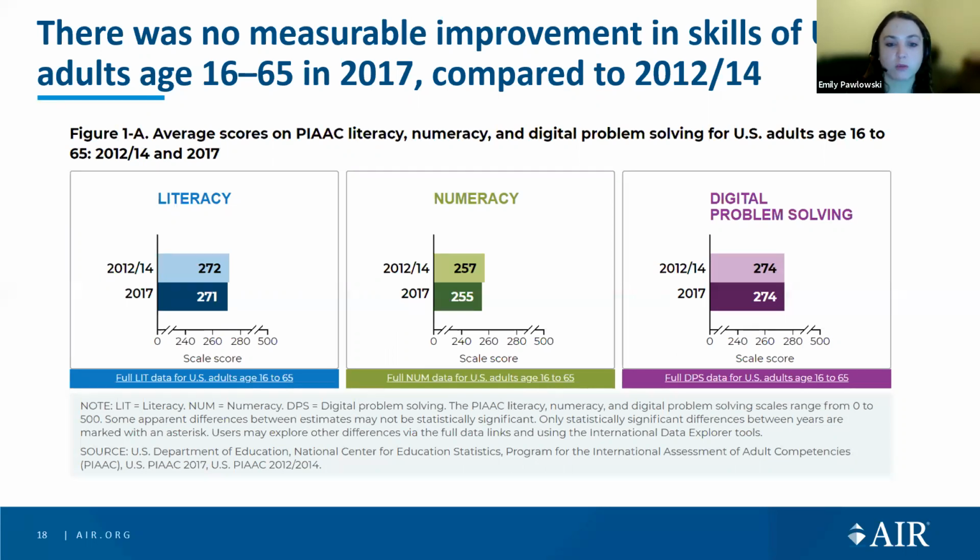So in our reporting, we used a combined 2012-2014 data to compare with the 2017 data collection to look at 2 points in time. Looking at 2017 compared to the 2012-2014 data, there was no measurable improvement in the skills of US adults across all 3 domains: literacy, numeracy, or digital problem solving.